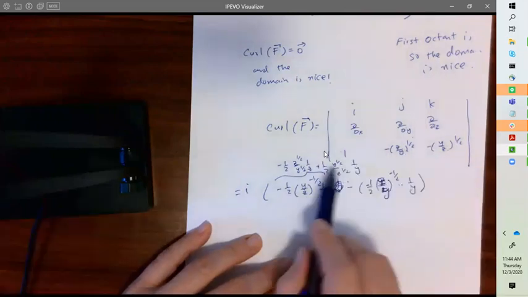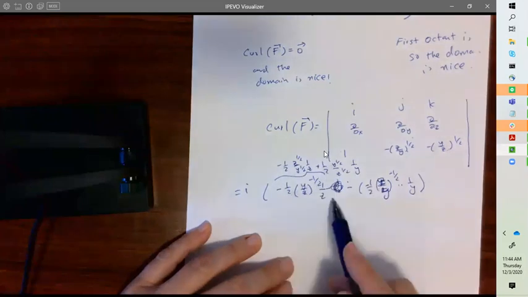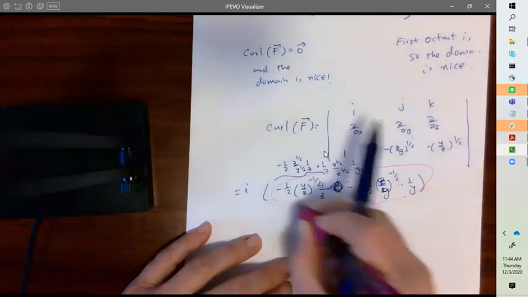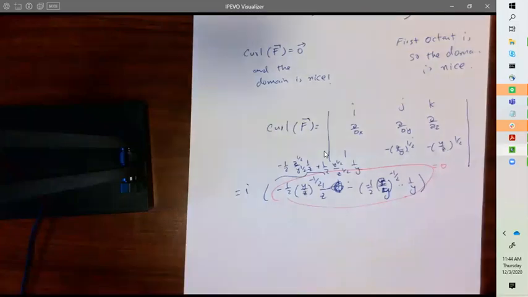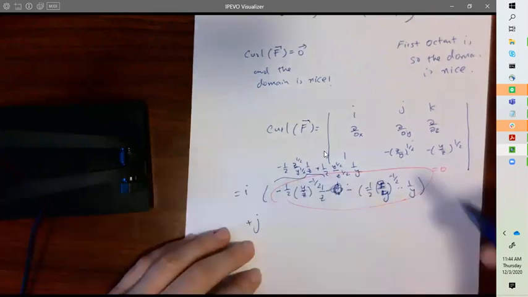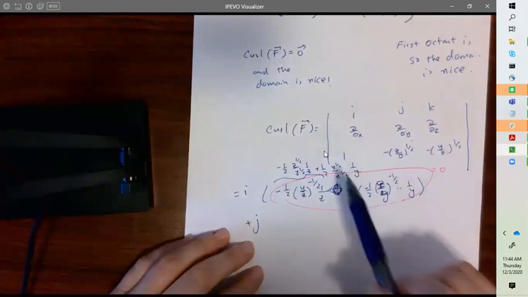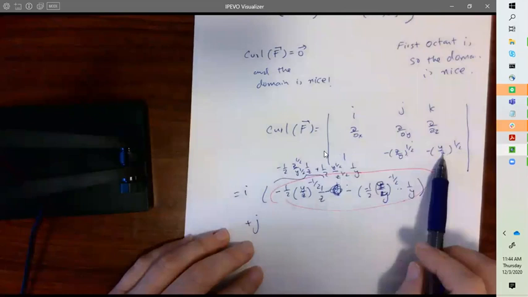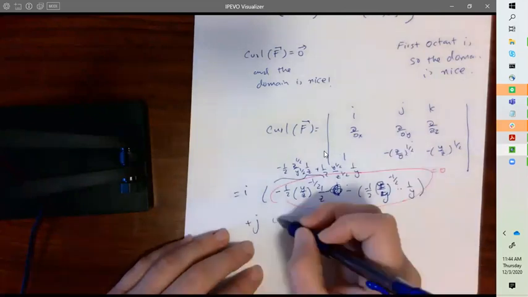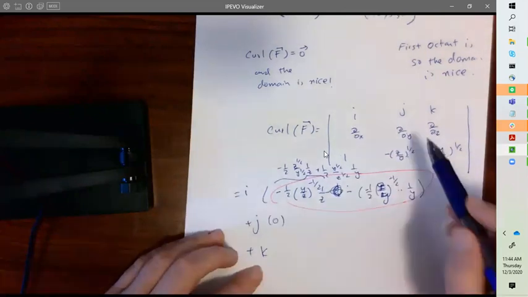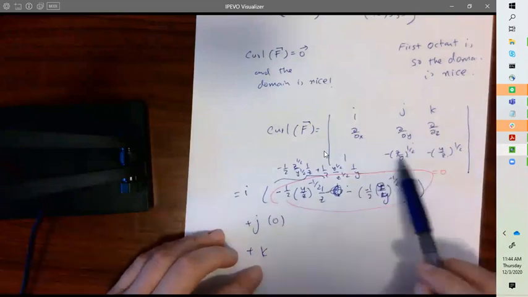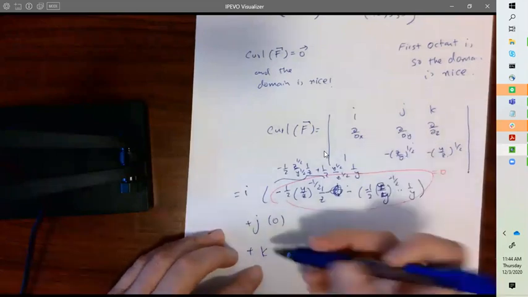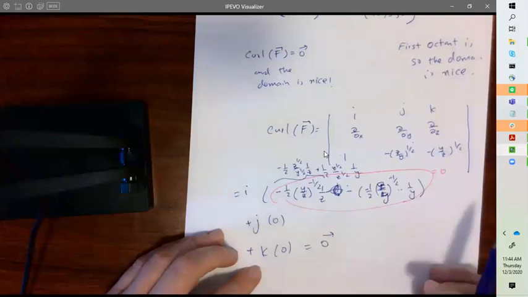Oh, these two are the same thing, so this ends up being 0. So this entire thing is equal to 0. We're on the right path. That was the first one. If it wasn't 0, we would just stop, it's not conservative. Now the next part is j, taking the partial with respect to x, which is 0, partial of 1 with respect to z, that's 0, plus k, and for k, this partial again is 0, this partial is 0. Oh, this is a conservative field. Our life is so much easier now.